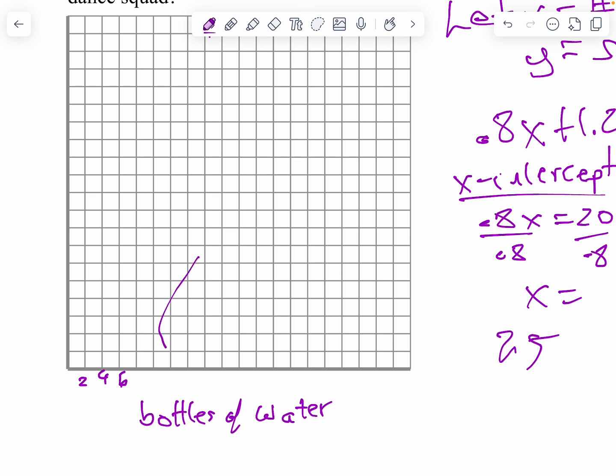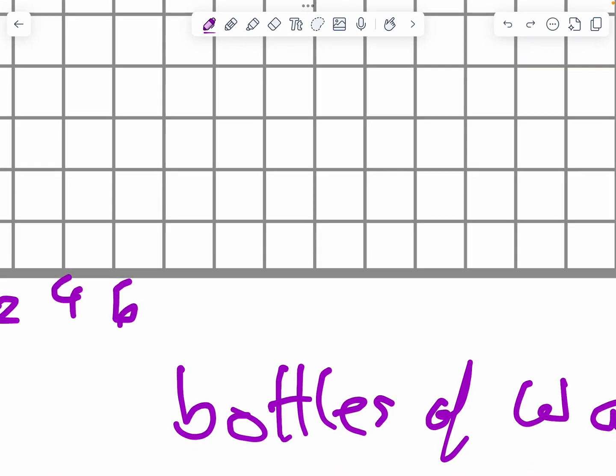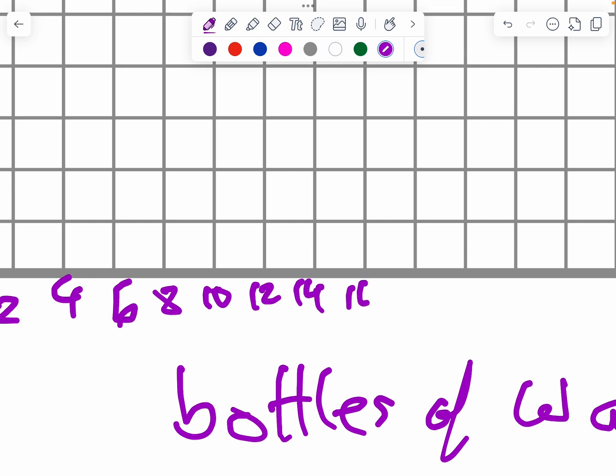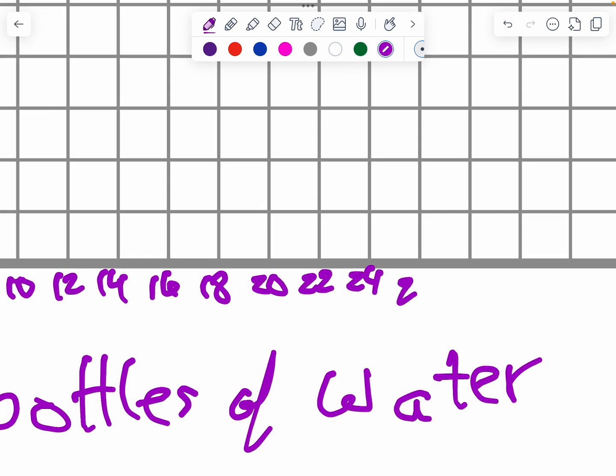You can't make it bigger, but I can. Makes it easier to write with. 8, 10, 12, 14, 16, 18, 22, 24, 26. So there is our bottles of water.